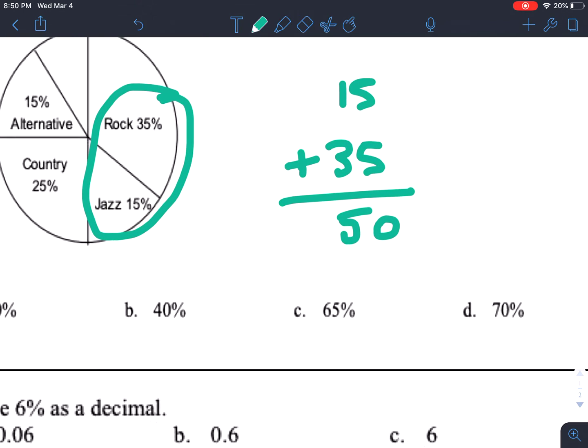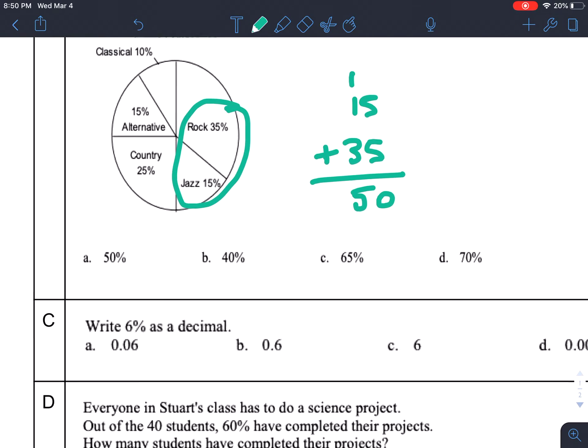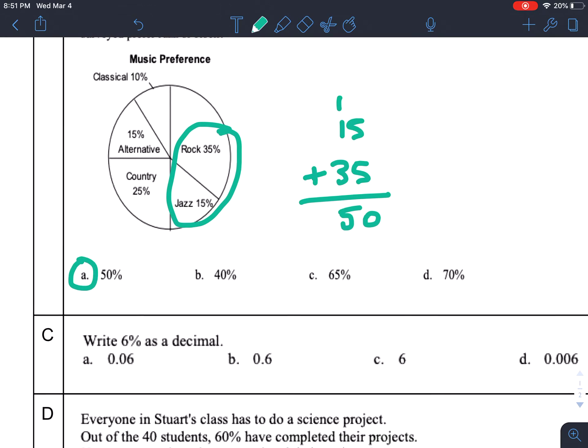I was thinking of going through: you'd do 5 plus 5 is 10, carry the 1, and then you would add down to get 50. Regardless, you can see that 50% is A. The other way you could do it is look at that graph and say, oh, well, rock and jazz are half of that circle, or that pie graph, so I would assume that it's 50%.